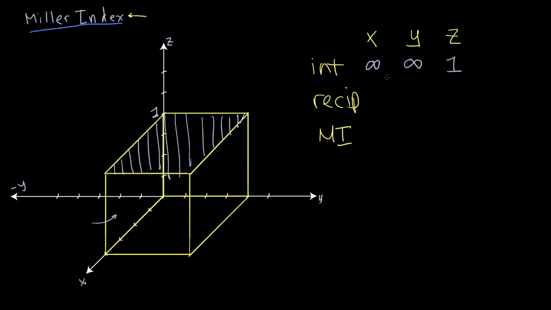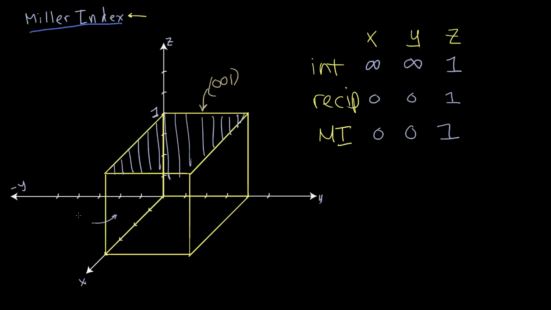We can take reciprocals again the same way and get the x, y, and z values as 0, 0, and 1. And then again directly get the Miller index 0, 0, 1. So now the top face is the 0, 0, 1 plane.